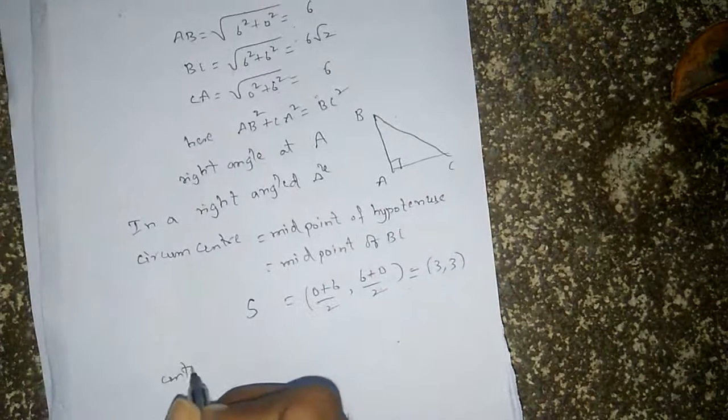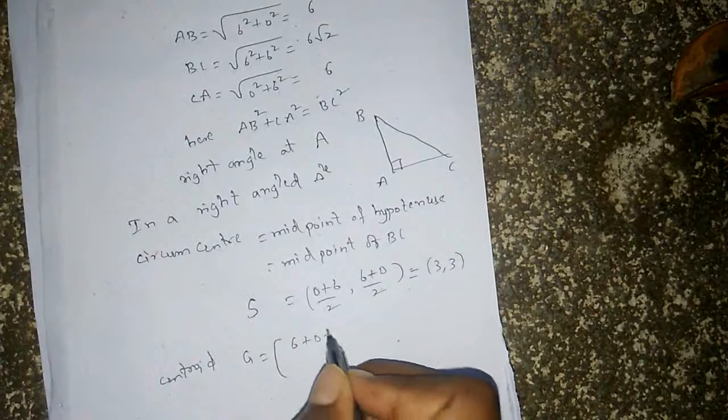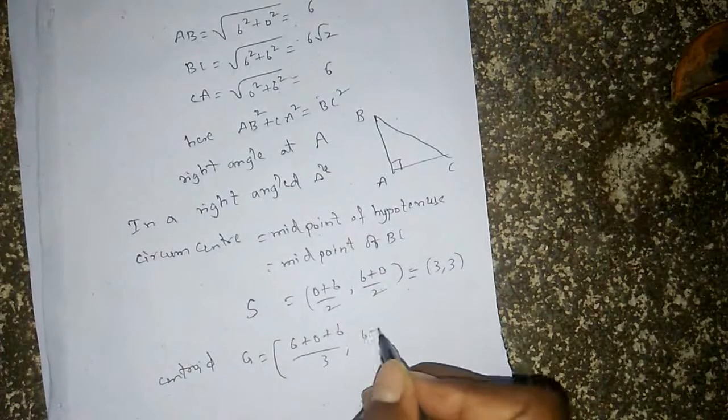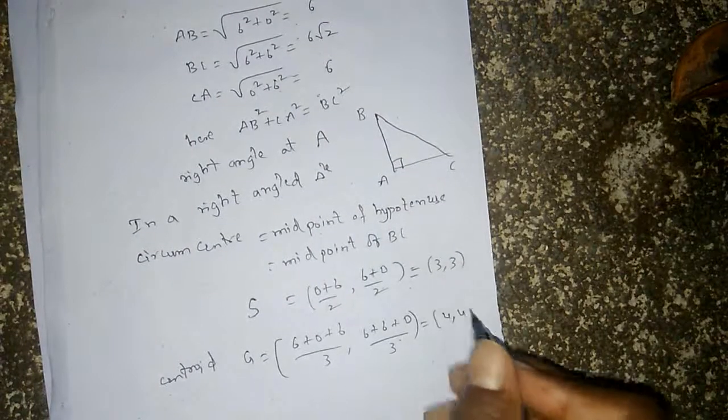Now the centroid is equal to 6 plus 0 plus 6 by 3, 6 plus 6 plus 0 by 3, 12 by 3 comma 12 by 3, that is (4, 4).